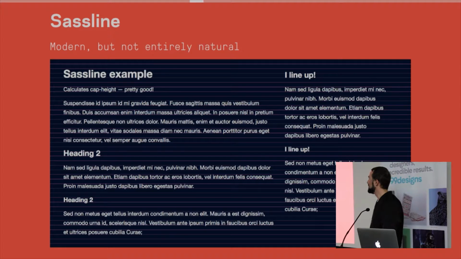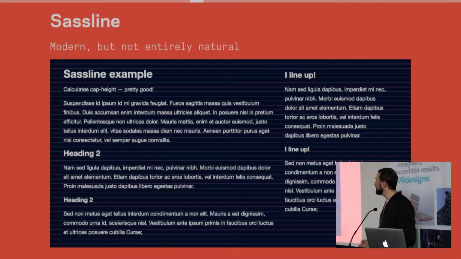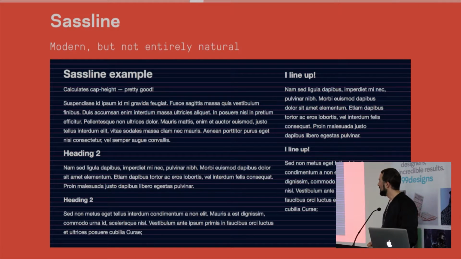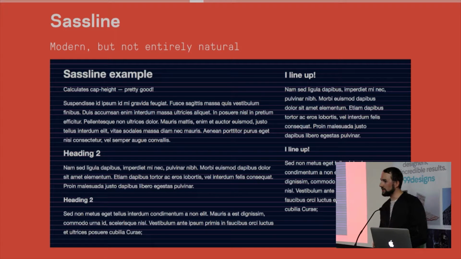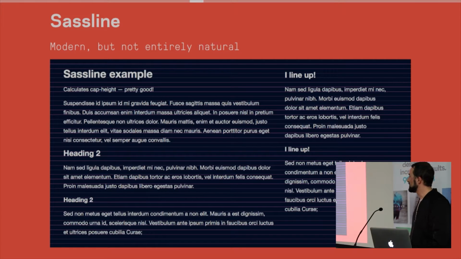A bit more recently, a guy, Jake Giltzoff from Typekit, built a tool called Sassline. This is quite a good tool. It's really cool. It uses rem units for all of the baseline stuff, and it does a really good job of getting all the type on the baseline grid.